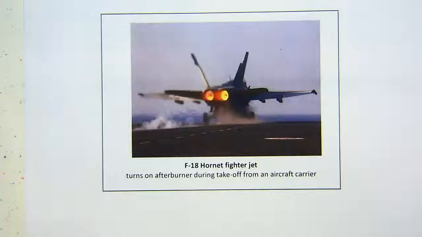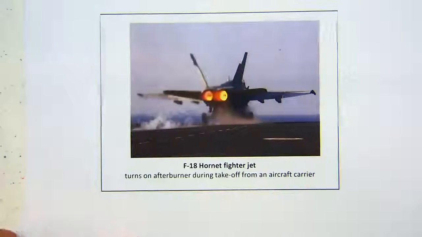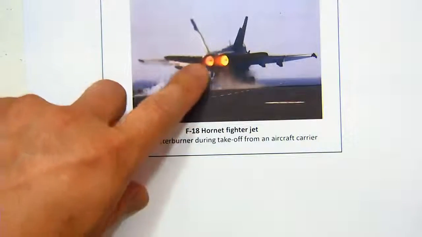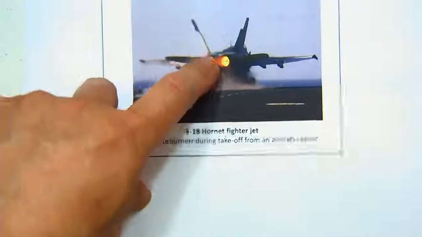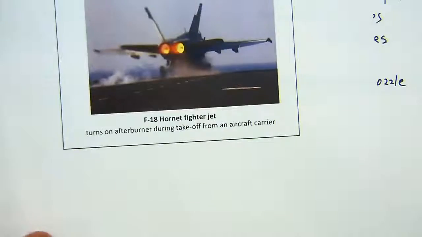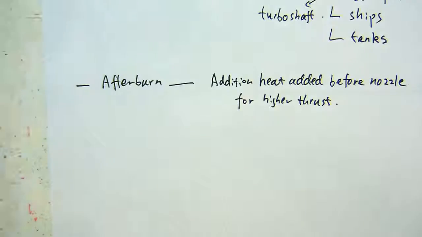In that case, you want to turn on the afterburner to give you additional thrust, so the aircraft can take off within the limited length that is available. So that's one of the cases where you can see the afterburner being turned on, and you can see the red from the back of the aircraft.